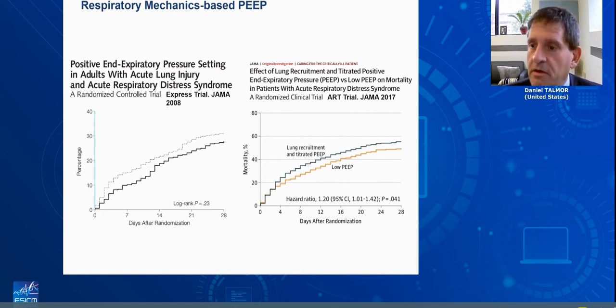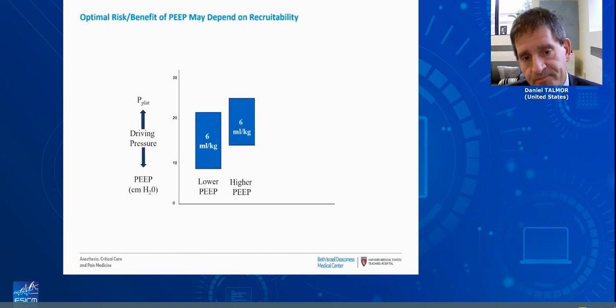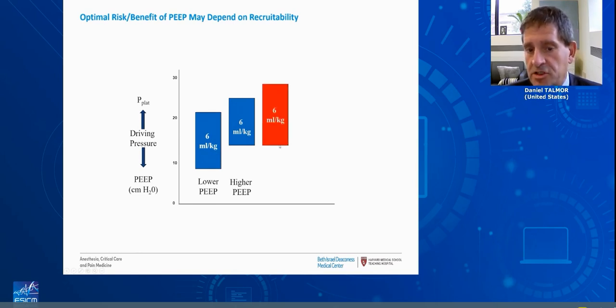So how do we figure out what's going on here? When we take a group of patients and randomize them to either lower PEEP or higher PEEP, we increase the PEEP level, we have a set tidal volume, but rarely do we limit what happens on the plateau pressure side. So in some patients, the non-recruitable patients, we increase their level of PEEP and their plateau pressure goes up. Their driving pressure goes up.